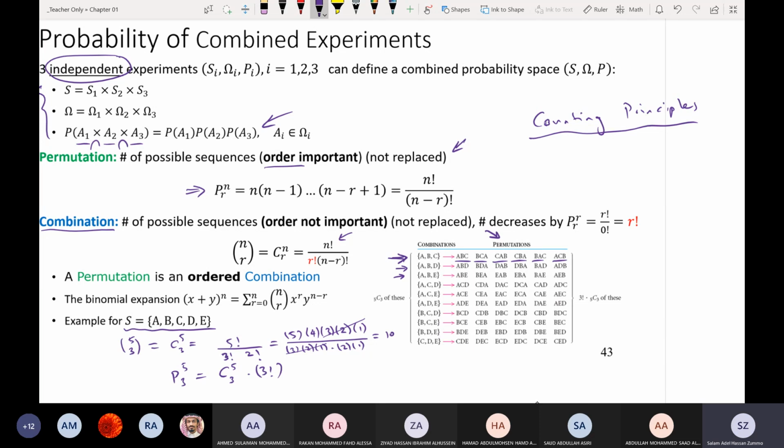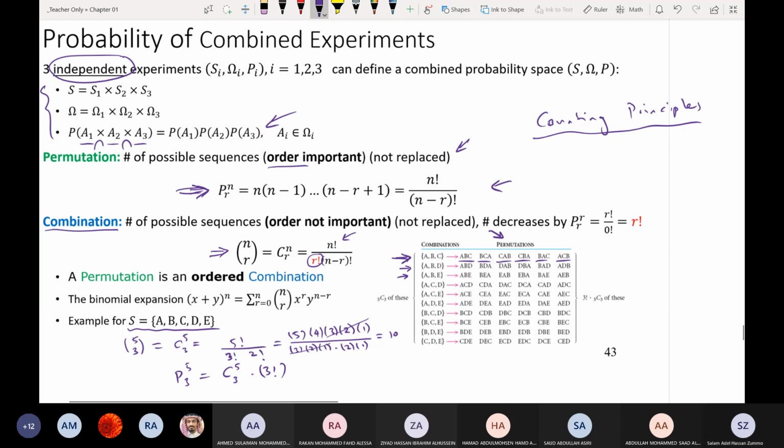So every combination can be repermuted in 6 different ways, which gives you the rule here, P n r, which is n factorial divided by n minus r factorial, because we multiplied by r factorial, so it disappears. While in n choose r, you have r factorial in the denominator.